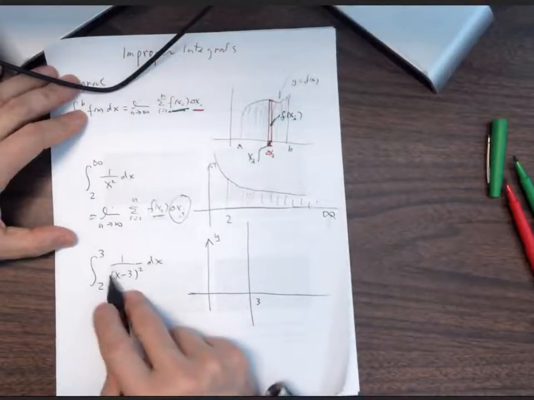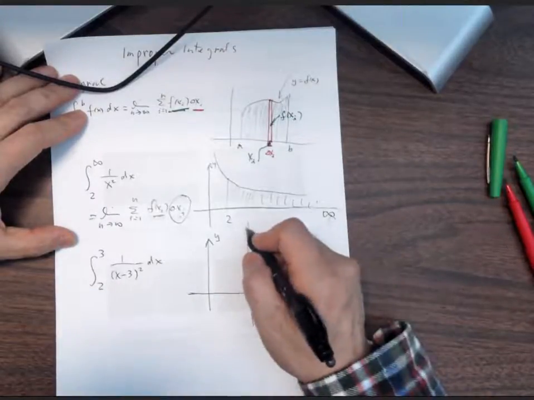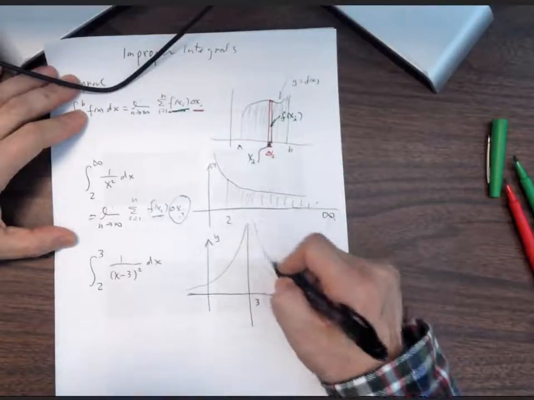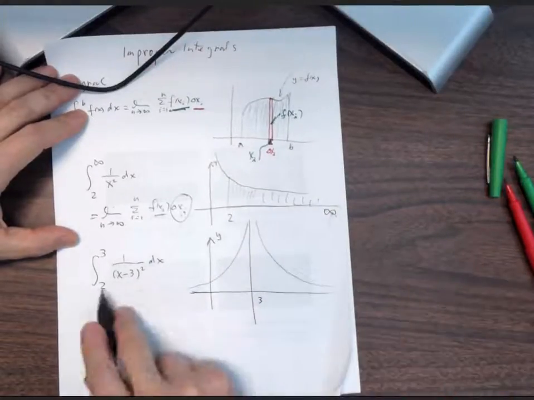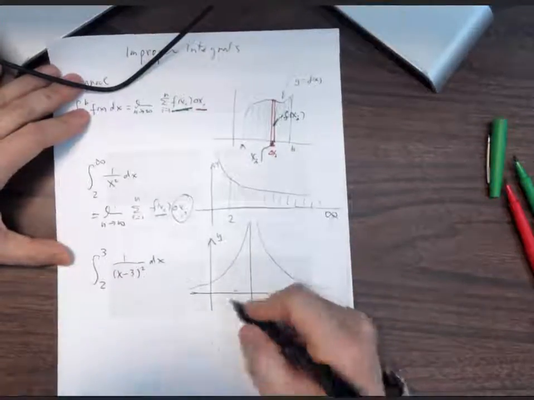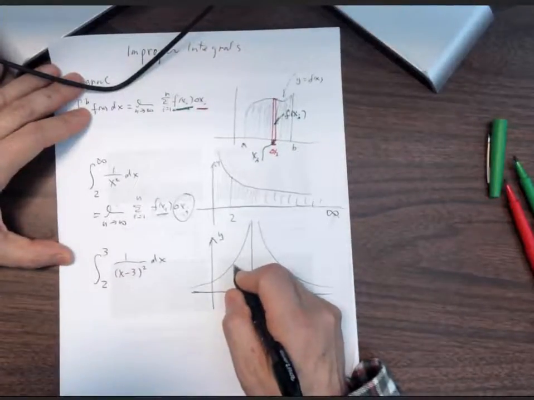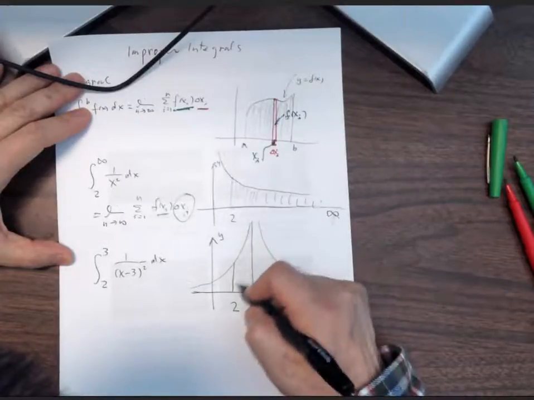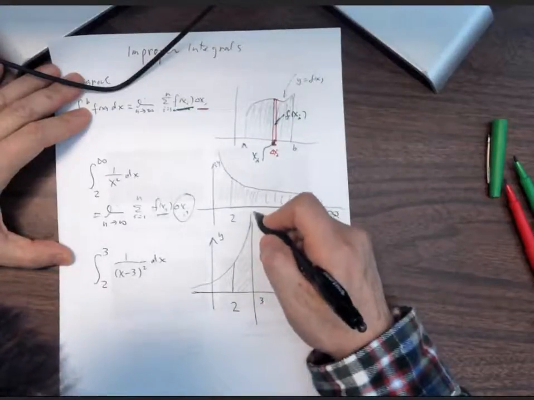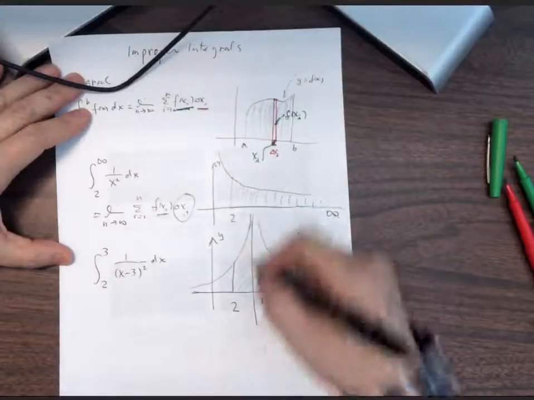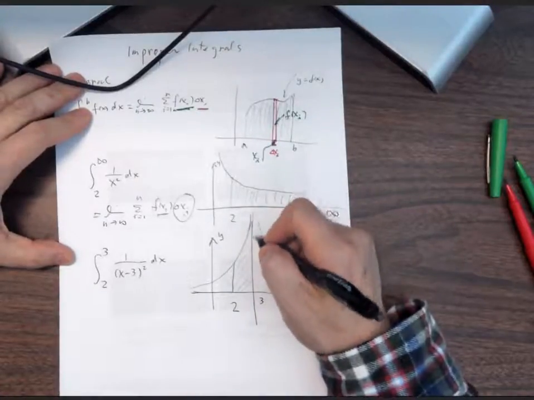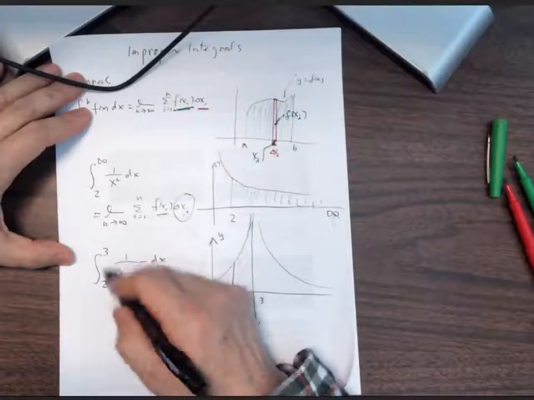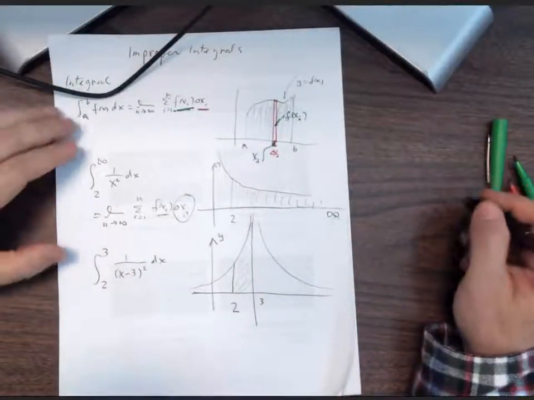If you graph this function, it will look like this. So this integral would represent the area from 2 to 3. Now x equal to 3 will be a vertical asymptote for this graph of 1 over x minus 3 squared.